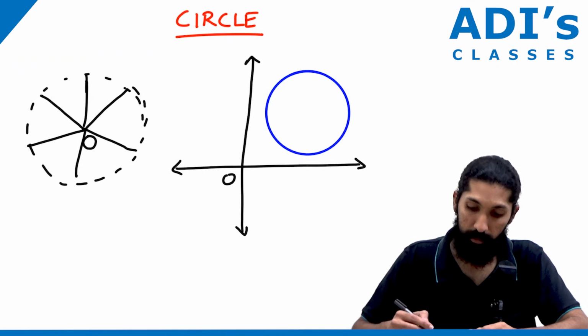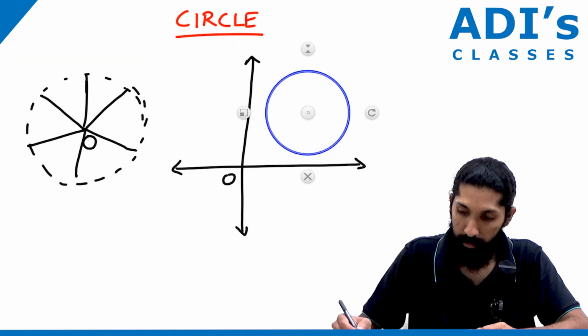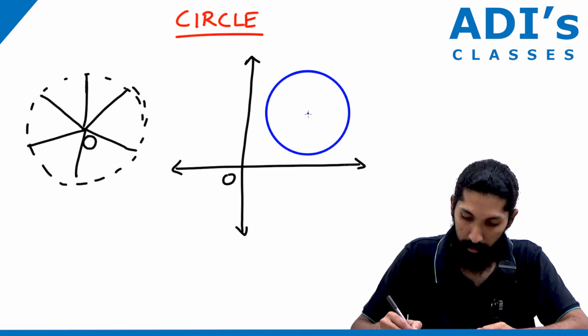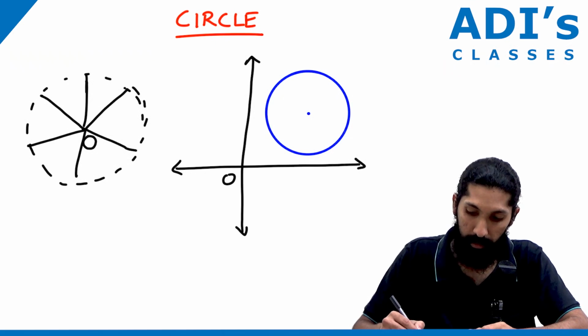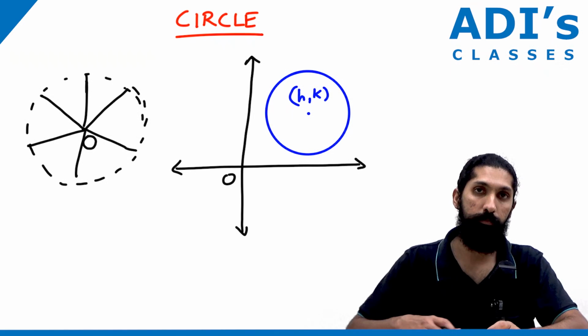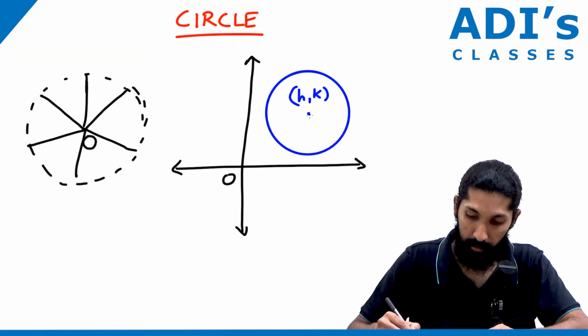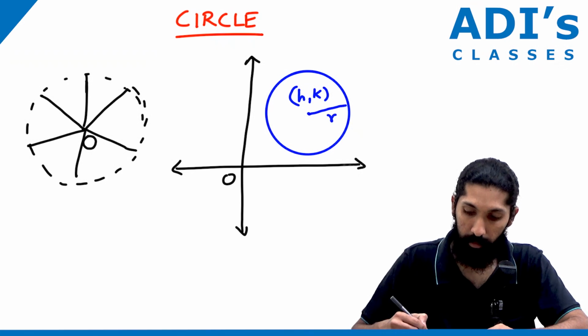Assume that this is the center, which we'll call h comma k. Some point h comma k. The radius of this circle, we can call r.